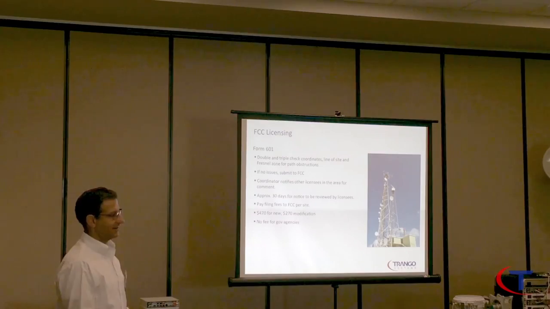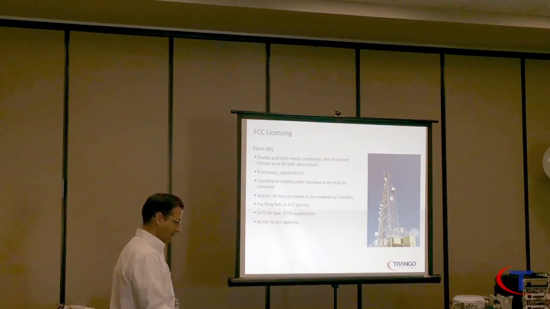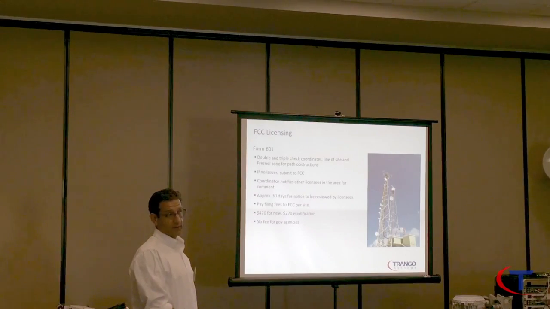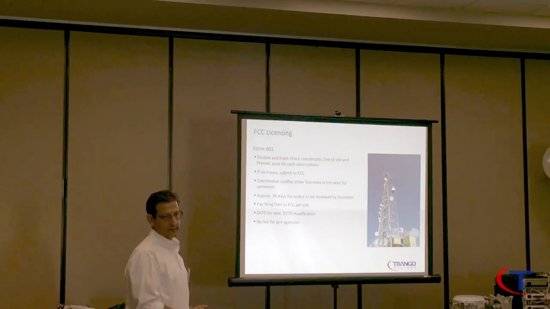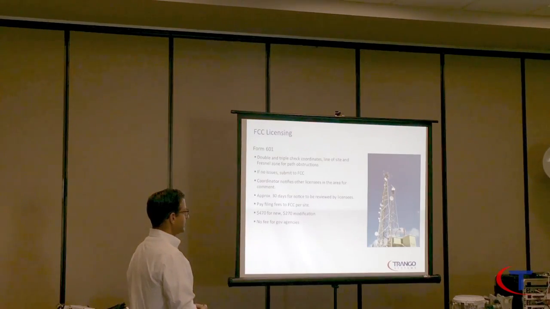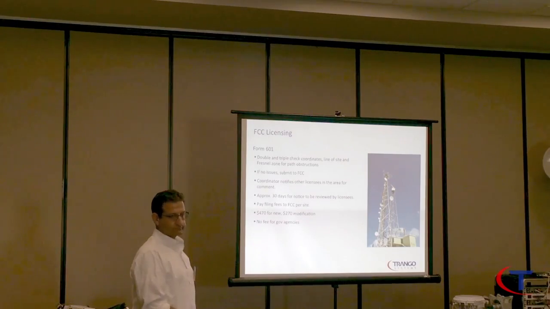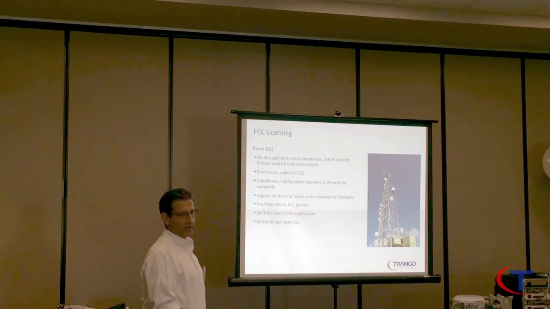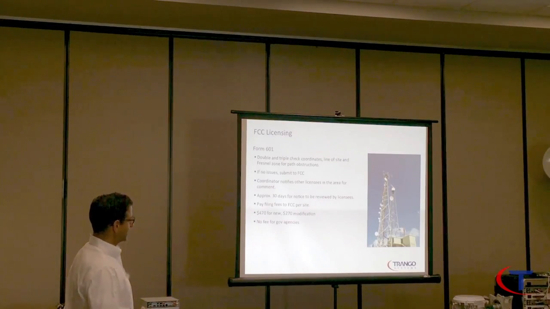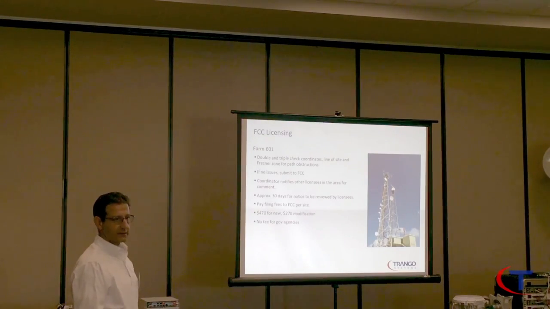It's not the option for them to say no just because they want to say no. They have to prove a point if they are saying no to your link. Right? They have to prove an interference issue. If the coordinator has done their job correctly, then that will not come up. It has come up, but it seems to be extenuating circumstances, like very old licenses that have outdated coordinates that have never been updated.